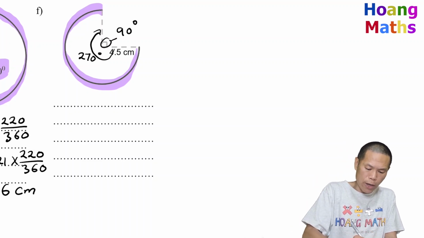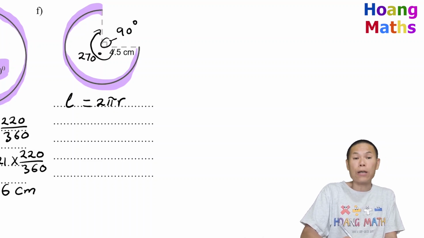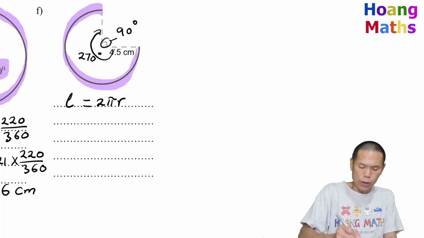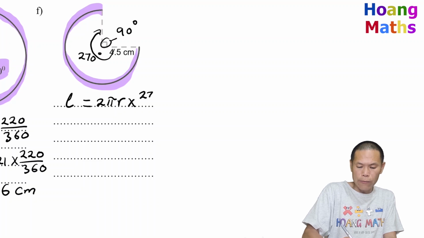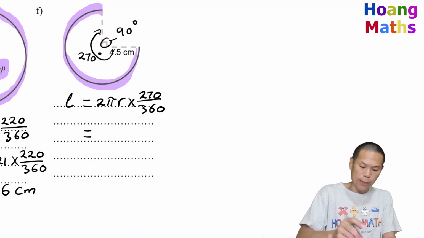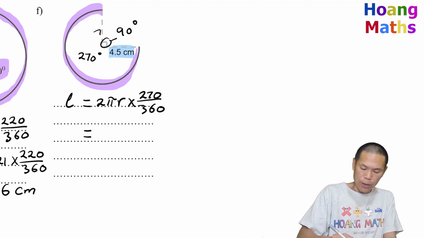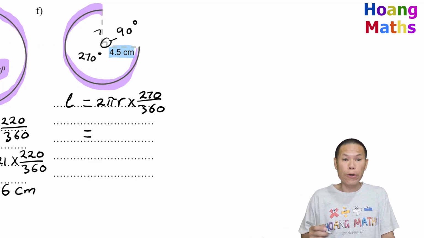So now we just write L is equal to 2 pi r. That is the circumference of a circle. So we just need to work out 3/4 of the circle, so it's times by 3/4, or 270 out of 360. We know the radius is 4.5 centimeters here, so r is 4.5.